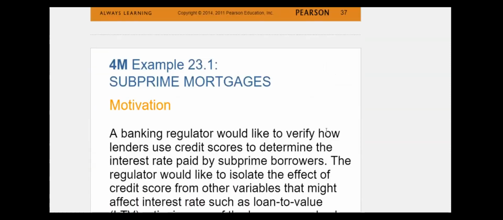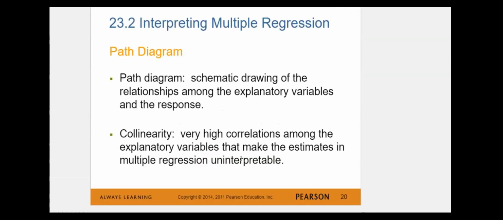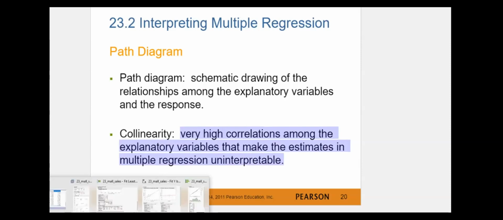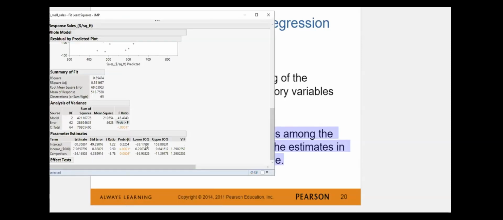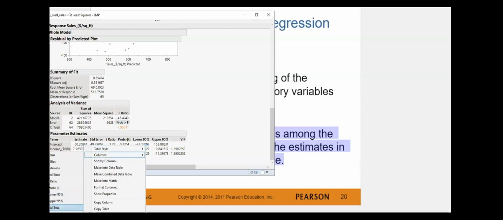You remember I said up here, collinearity. So when we say collinearity, VIF more than 10 or around 10 means there's a high correlation among explanatory variables, and that's not good for a multiple regression model. So remember where to get it: parameter estimates, right click, columns, VIF down here, okay?